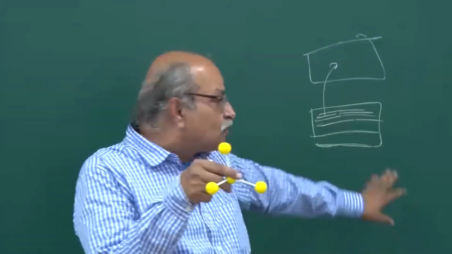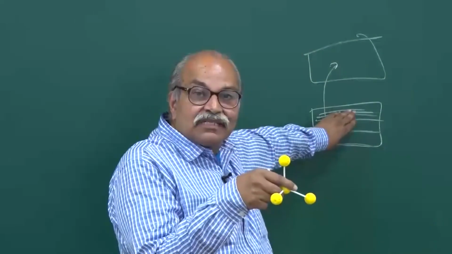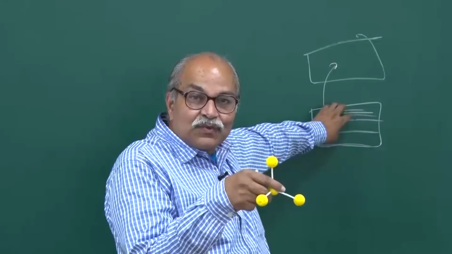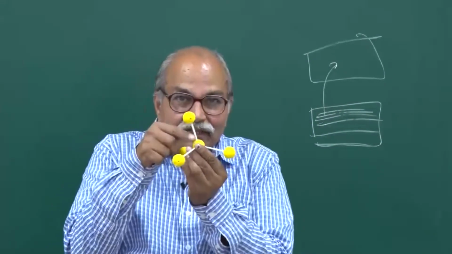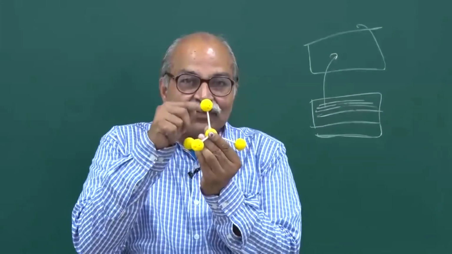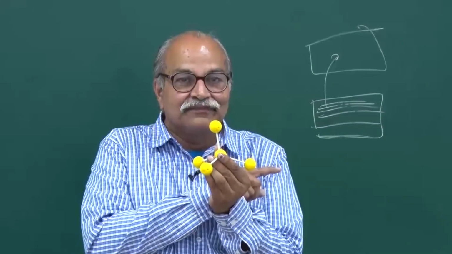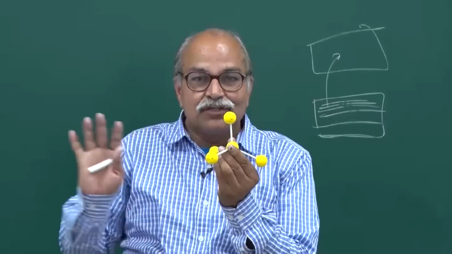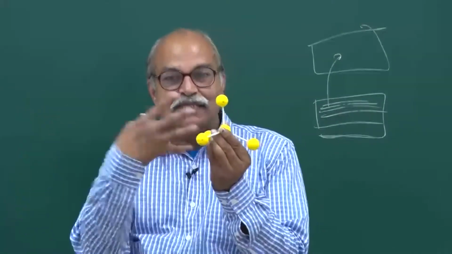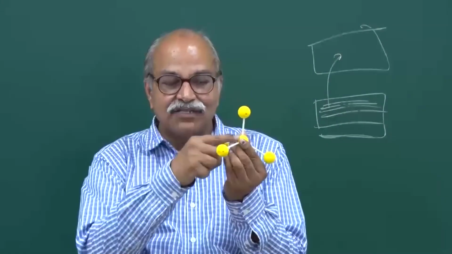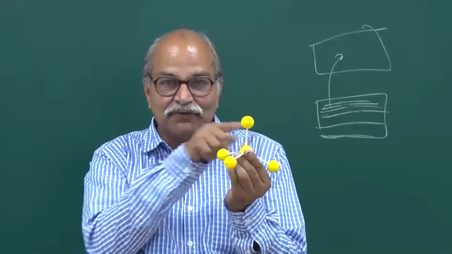These valence electrons, where are they? These electrons are in these covalent bonds. So electrons participating in the bonds, they are there. If I draw a 2-dimensional picture of this, each silicon is bonded to 4 of them.